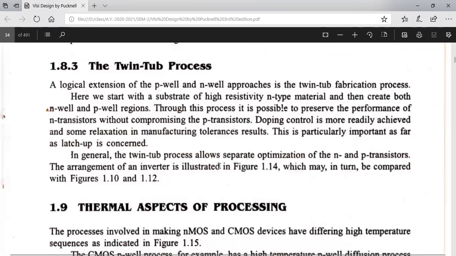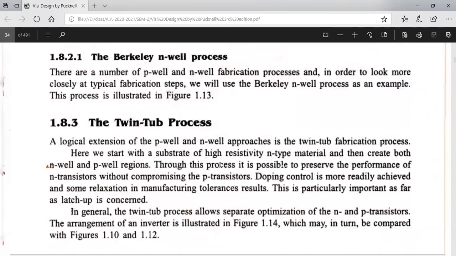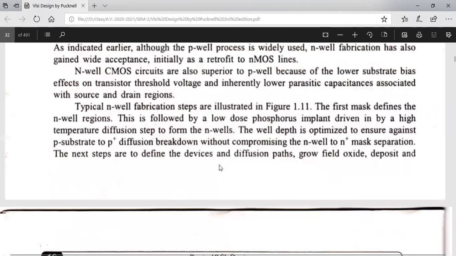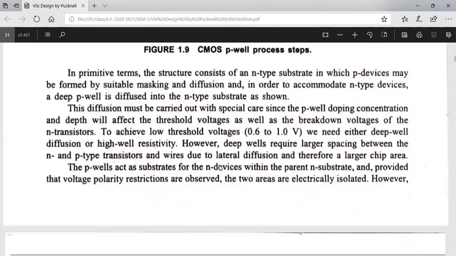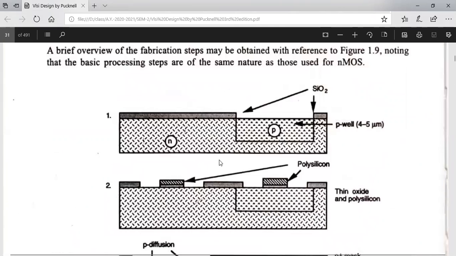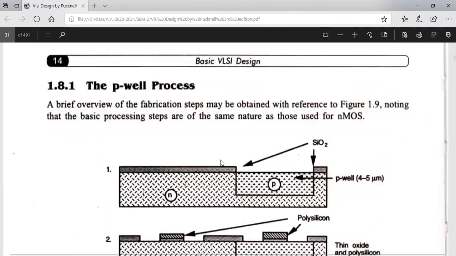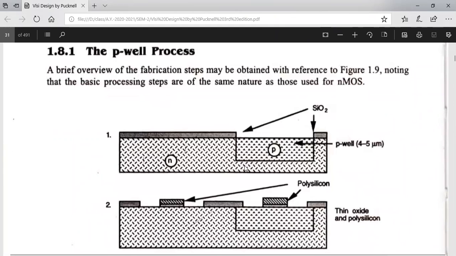We won't find a detailed step-by-step process for the CMOS, but we can understand it clearly since we already know the NMOS fabrication process. The NMOS fabrication process is the base for all other fabrication processes.